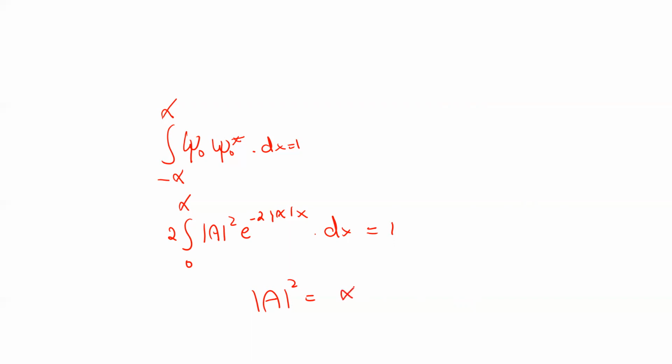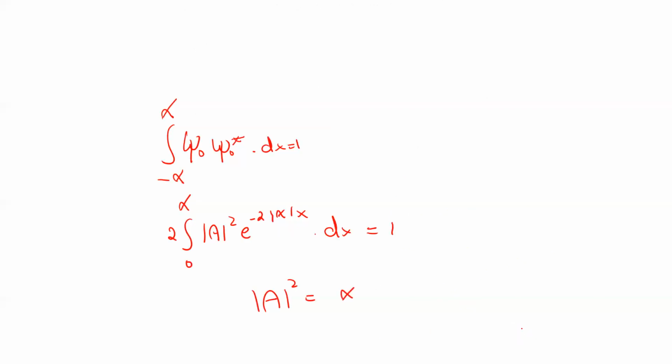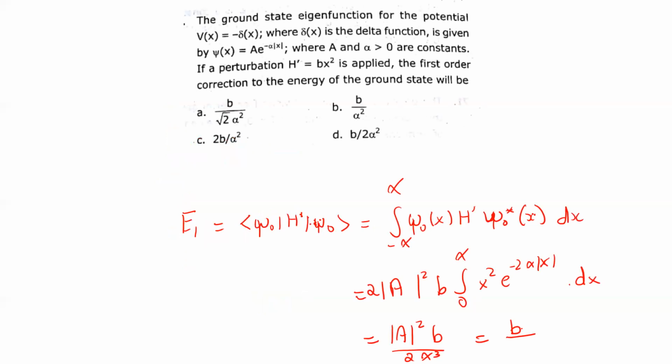So we just substitute that into our equation here, and we get that this is nothing but B times 2 alpha square. So this is our answer. This option is given by option number D.